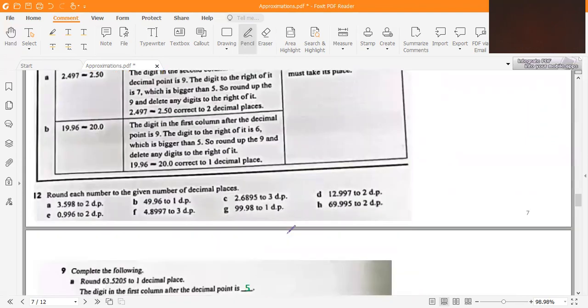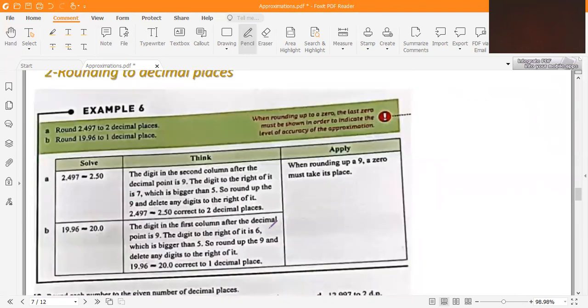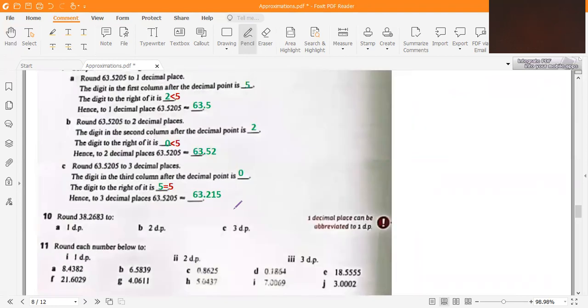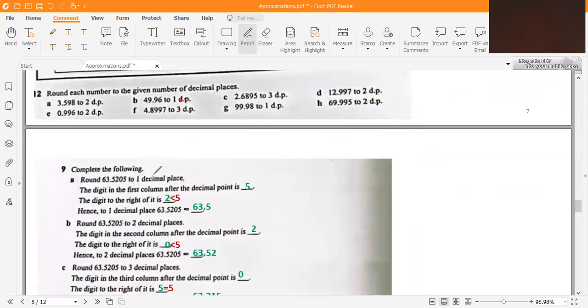We can have an abbreviation like 1 DP, one decimal point. So the first place on the right of the decimal point. We have the decimal point, the first place is 5, so we have 5. To the right of 5, we have 2. 2 is smaller than 5, so we don't change anything on the left.